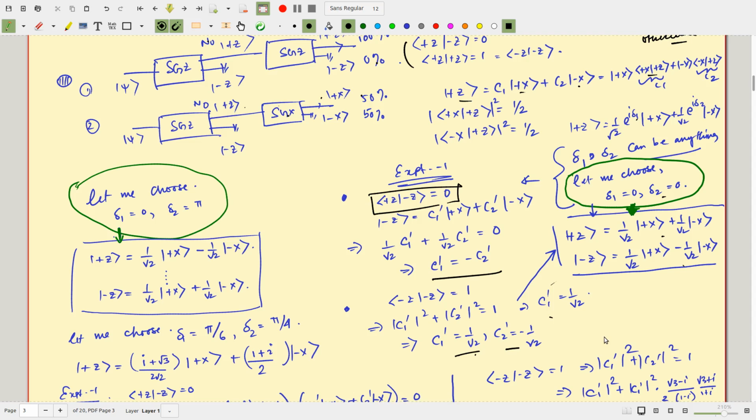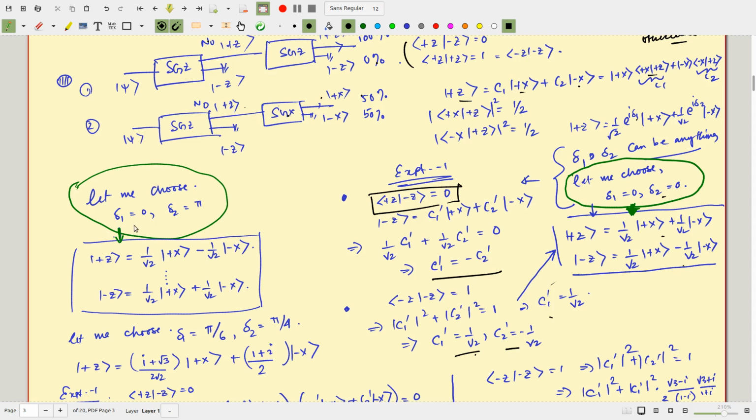Now that is one choice, and that is perfectly consistent with the experiment and perfectly consistent with the fact that the probabilities are the observables. Now, we will do the same thing by choosing different delta 1 and delta 2, since they are completely arbitrary.